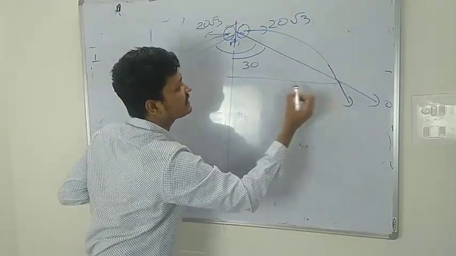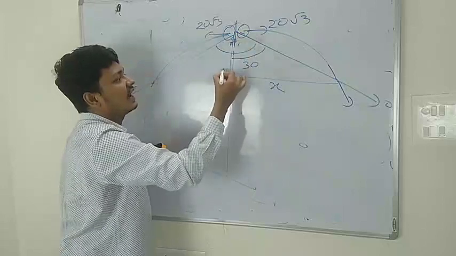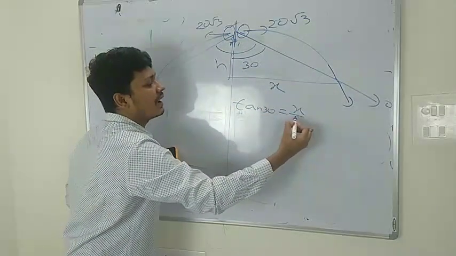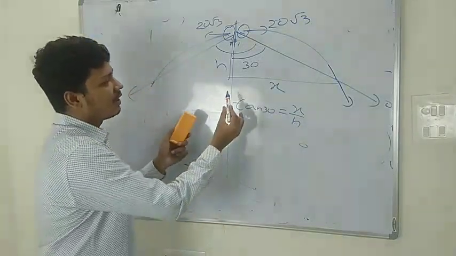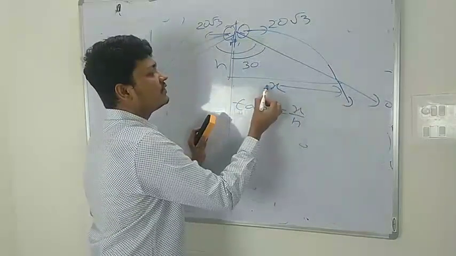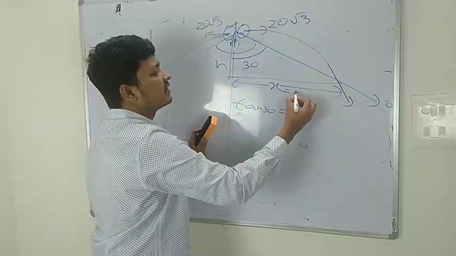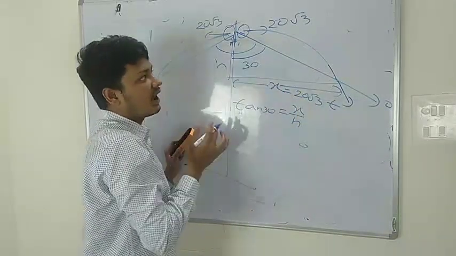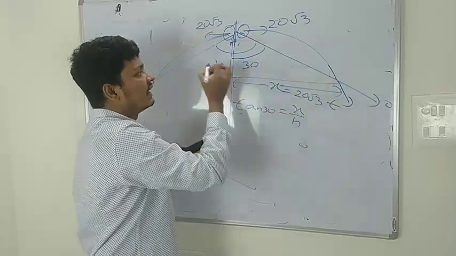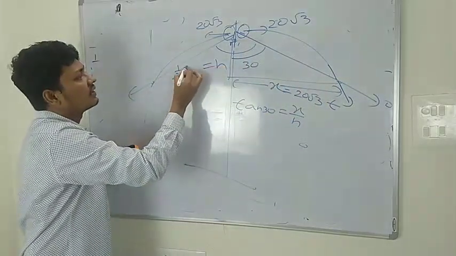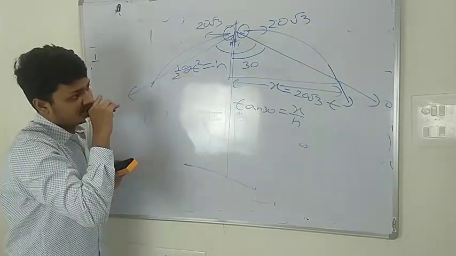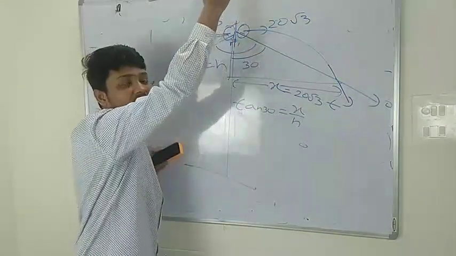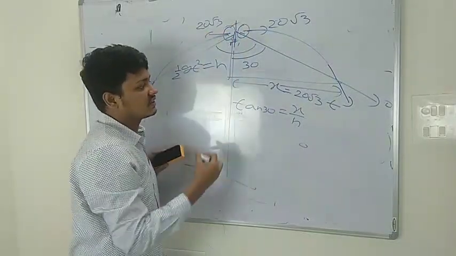So this distance x and this height h, tan 30 must be equal to x by h. But how much distance does it cover? u times t, x is 20 root 3 times t, and how much time is it taking? S is equal to half g t square, because initial velocity along y direction is 0, acceleration is g.